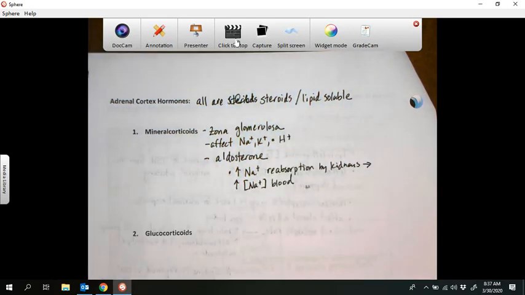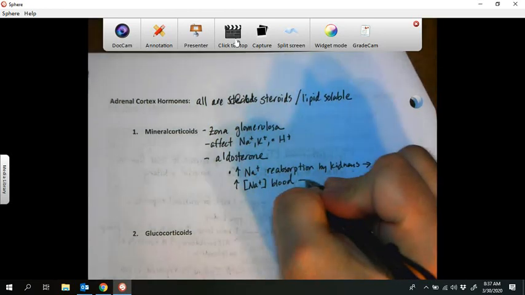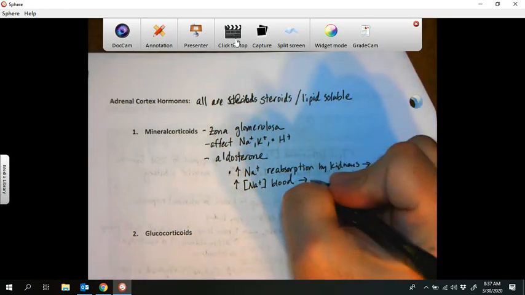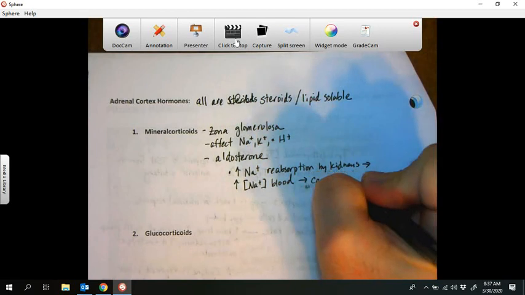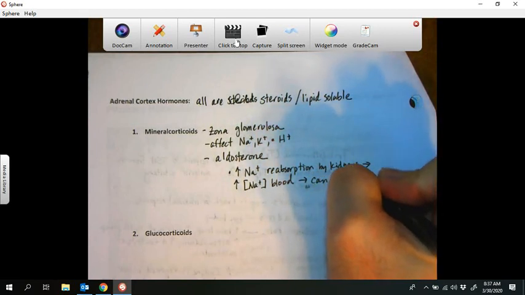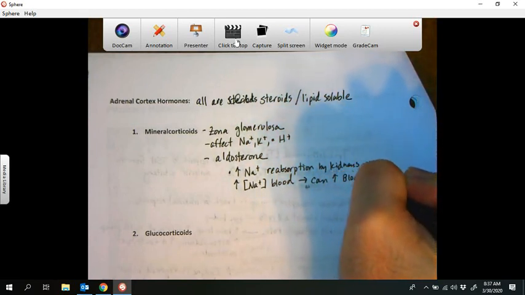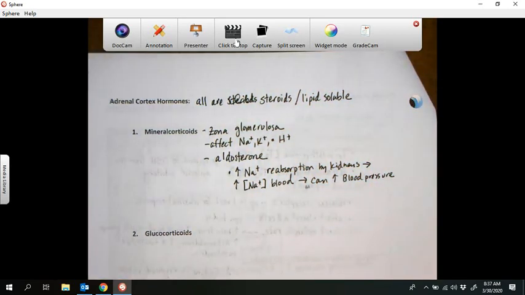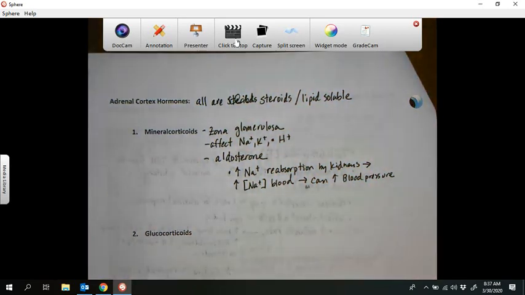Now, because of this, there is a side effect. This can increase blood pressure, because if we increase sodium in the blood, water comes along with that. So more water in the blood means more blood volume, which increases the pressure.